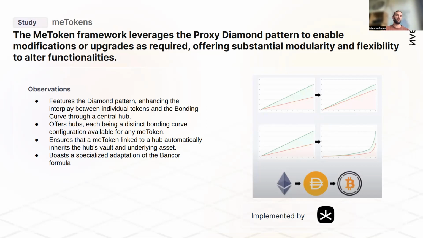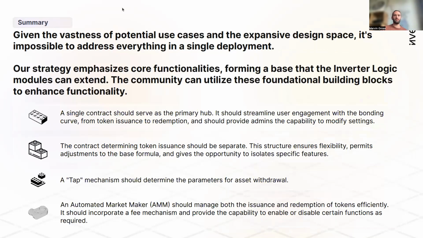And then they have created a specialized bonding curve formula, let's say the Banker formula, using a different math library than the other ones. So in summary, and I think it's been summarized well here, so I'm just going to read it out loud.